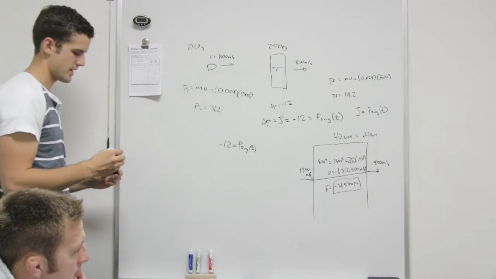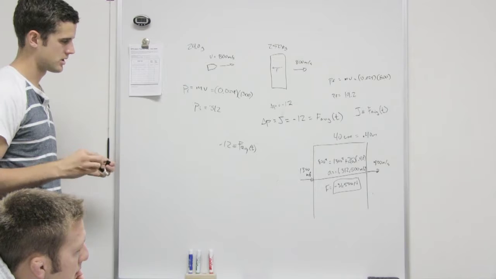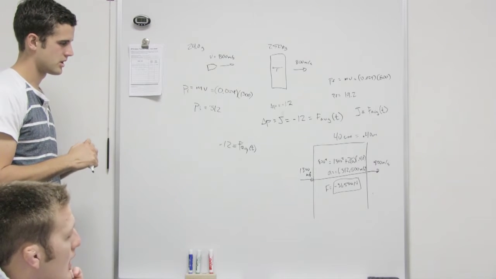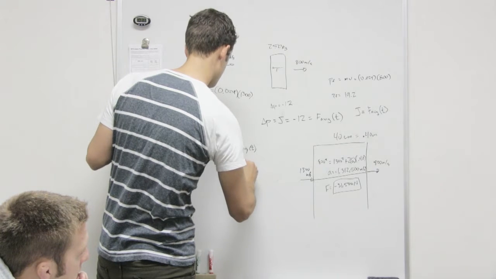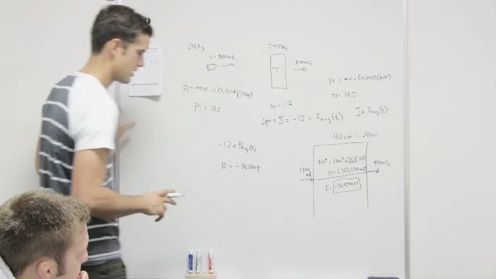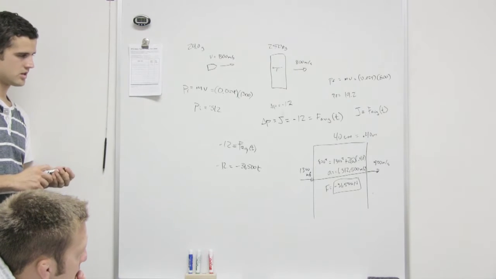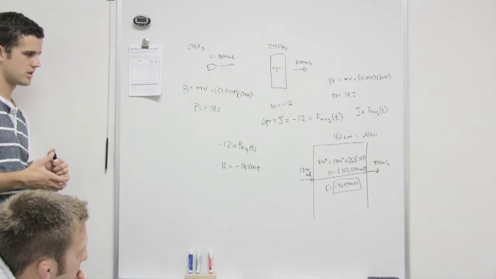So how are we going to find time now? We put in negative 31,500 and divide 12 by -31,500.